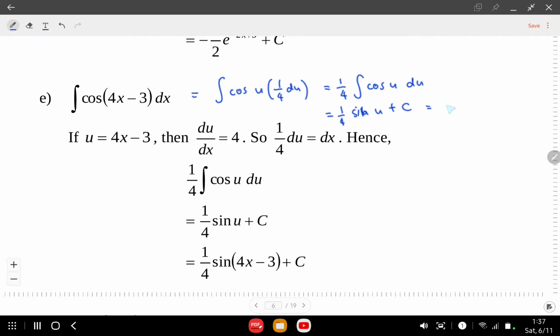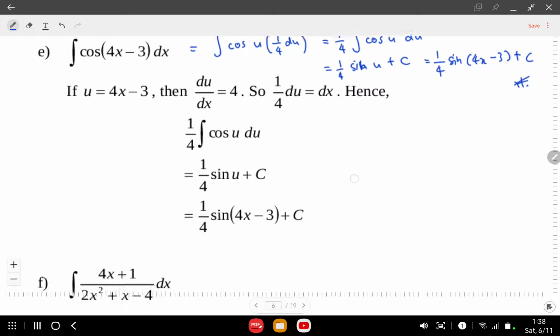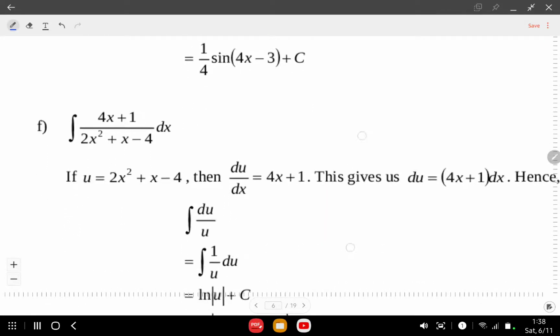Okay, so dah integrate, we will substitute back the terms of u in term of x. So the final answer will be 1/4 sin 4x minus 3, plus with c. Okay, next one. The next one.